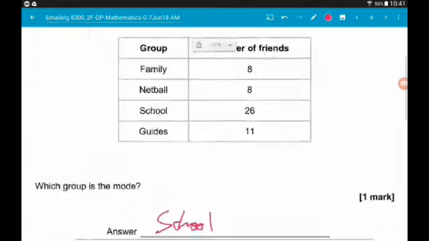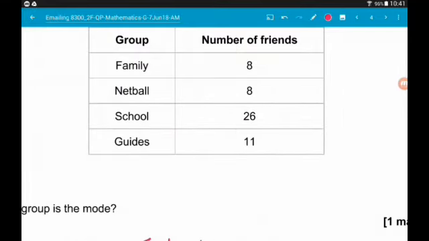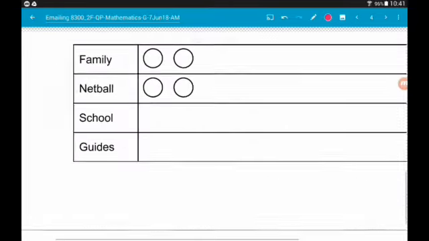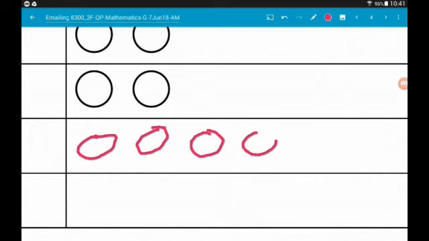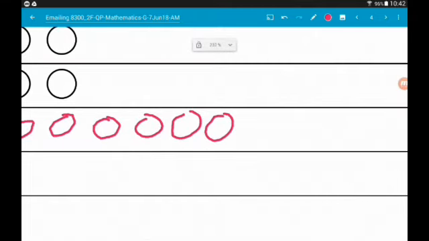Okay, now for school, there are 26 people. So 1 circle is 4, 8, 12, 16, 20, 24. Now we need 2 more people to get to 26. So that is half of a circle, which maybe I would draw like that, just to make sure it's easy to see it's half a circle.